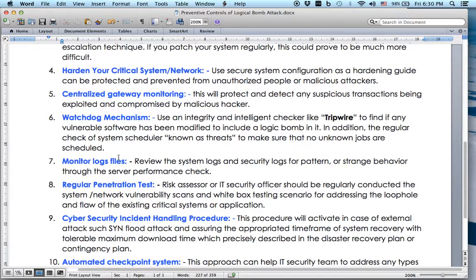So the log file needs to be reviewed properly: the time, the person, the user ID, the failures, what kind of failure is in the log, and what successful or unsuccessful attempts to access the core system were made.